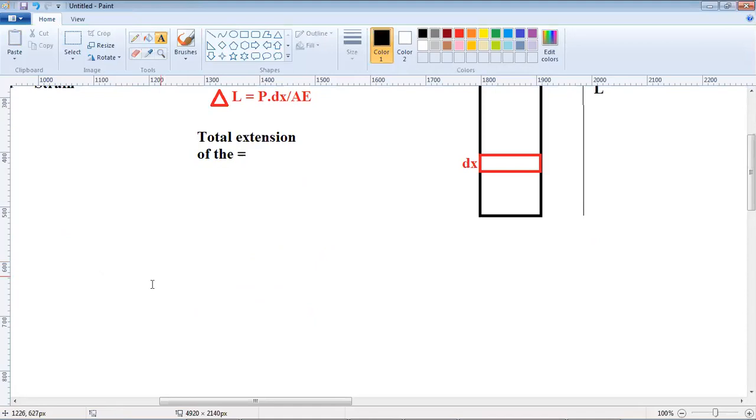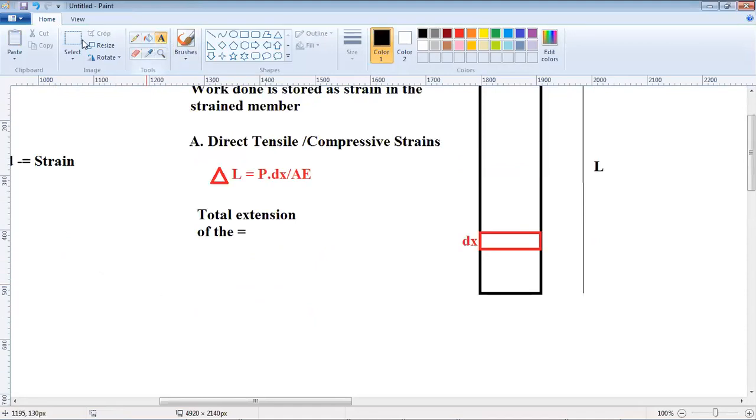If you want to determine for the whole member, that will be the same delta, but you will have an integral.